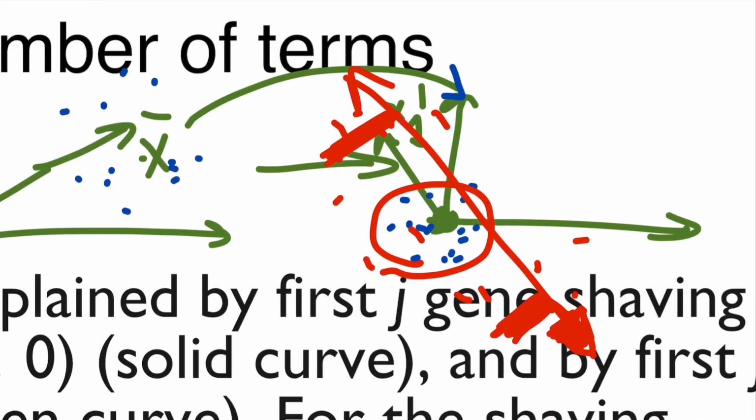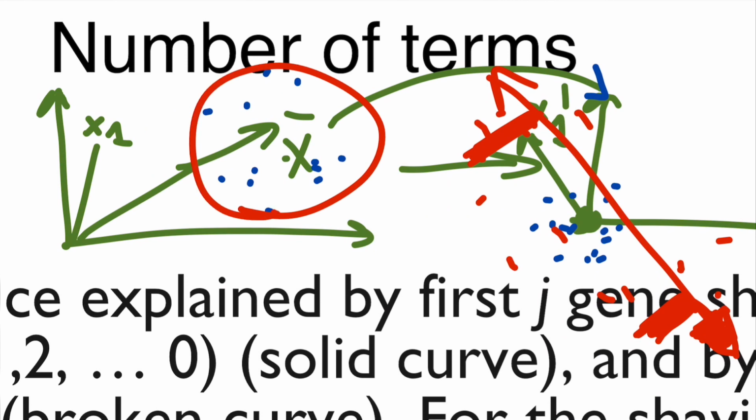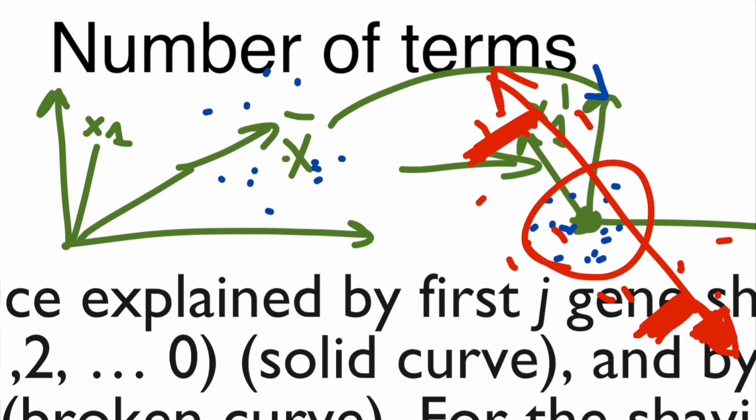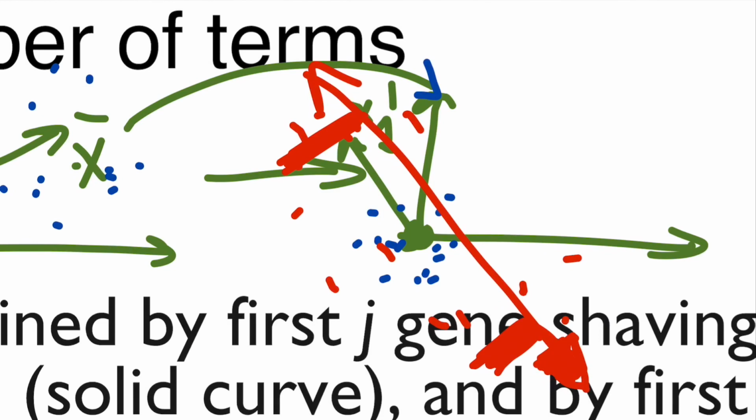So those points are highly less likely to be selected in a new cluster. Now, highly unlikely does not mean impossible. So a gene that was selected in a cluster, then orthogonalized, can be selected again for a new cluster.